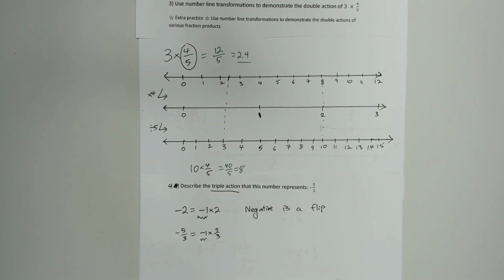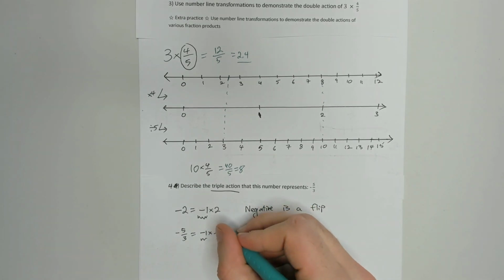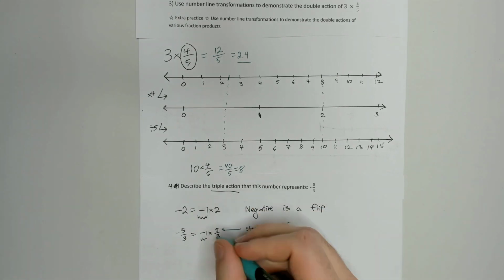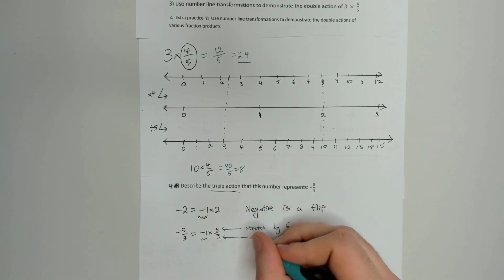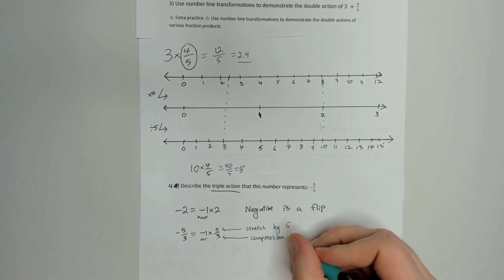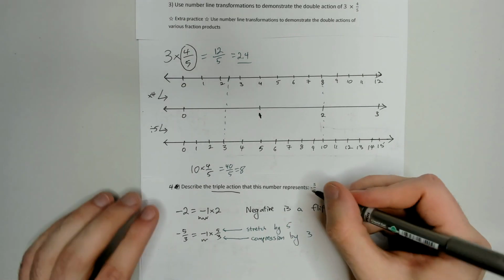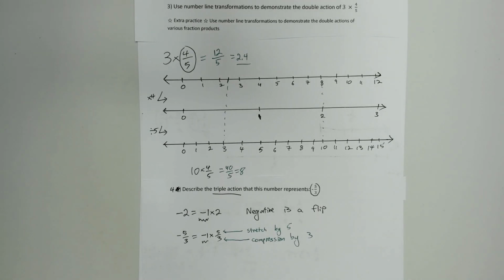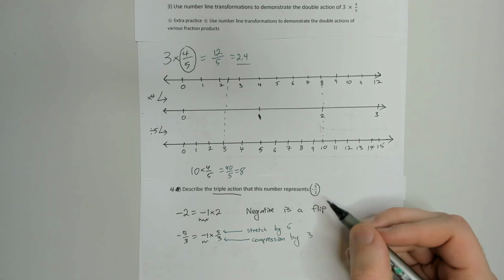But now we have the 5/3 as well to deal with, right? So the 5 in the numerator, that's a stretch by a factor of 5. And the 3 in the denominator, that is a compression by 3, right? So if we consider this number as basically being an action, like, if we were to multiply by this number, then essentially we are doing 3 different things. The negative says we're flipping it.